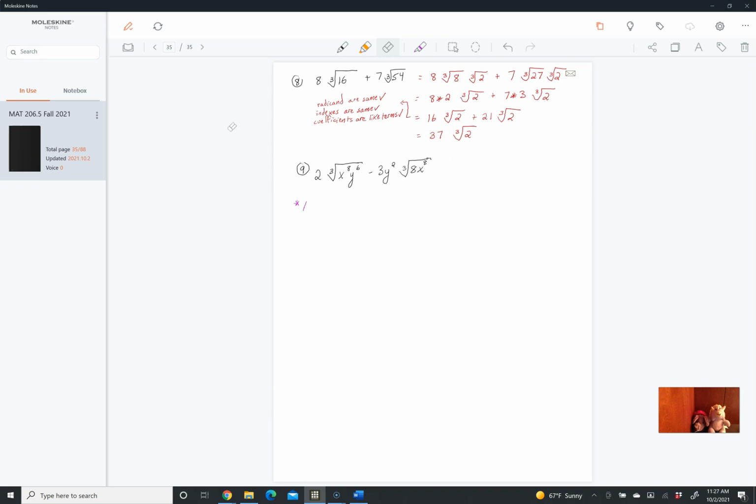Always try to reduce the radicals unless the index is different.